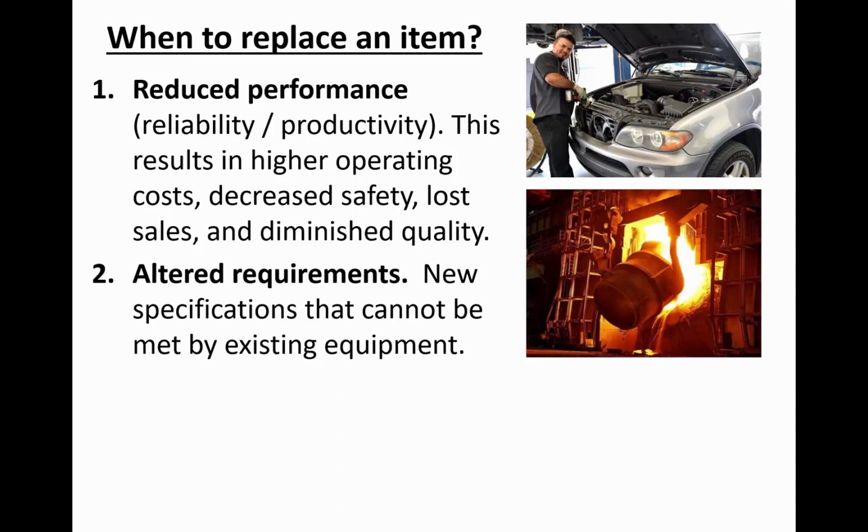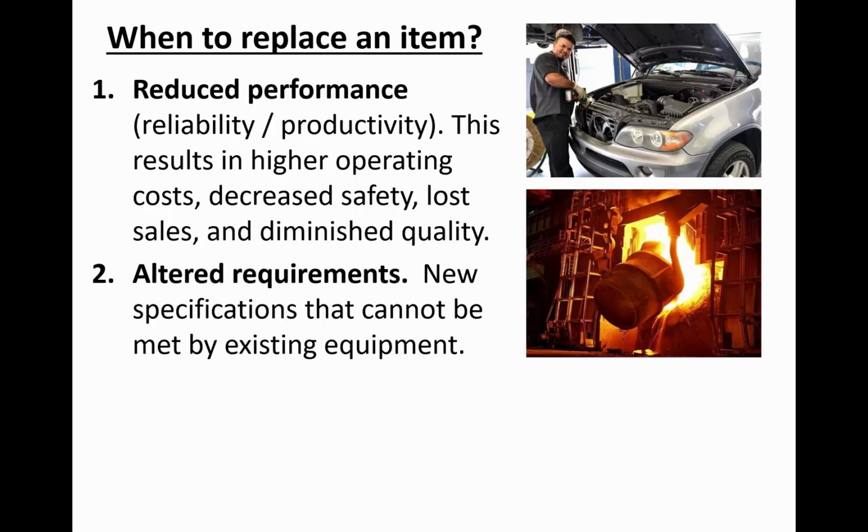Another possibility could simply be that the old equipment isn't able to meet new specifications. And so the picture there is of a steel furnace, and an old steel mill may not be able to produce the same specifications of steel of a new plant.